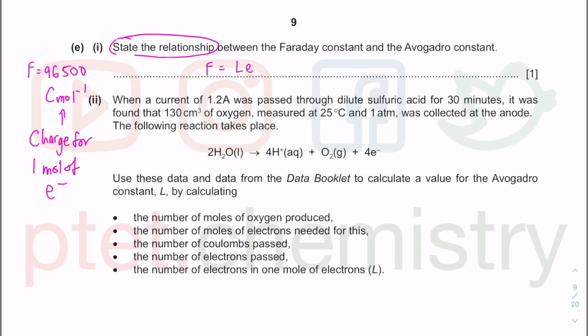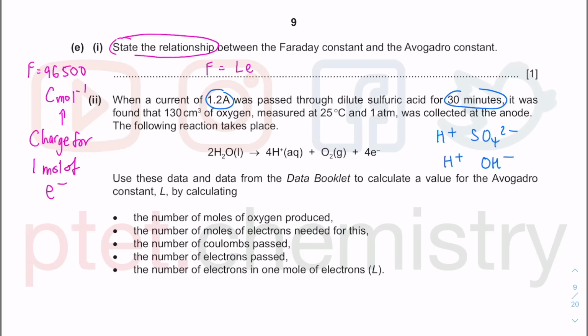Now when you pass a current of 1.2 ampere over 30 minutes into dilute sulfuric acid, we are going to do an electrolysis of dilute sulfuric acid, straight from your O level or IGCSE level chemistry. You have the sulfuric acid, which gives you H+, SO4 2-, H+ and OH-.